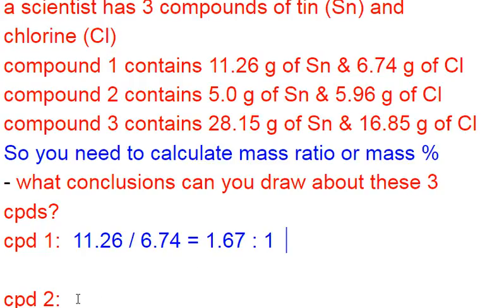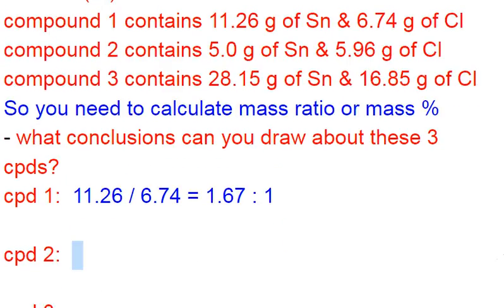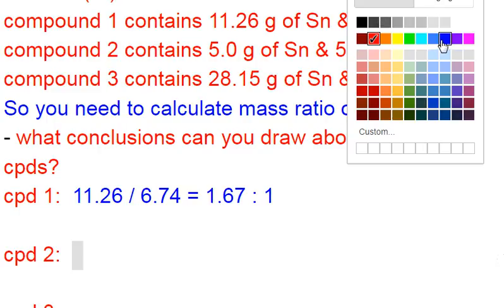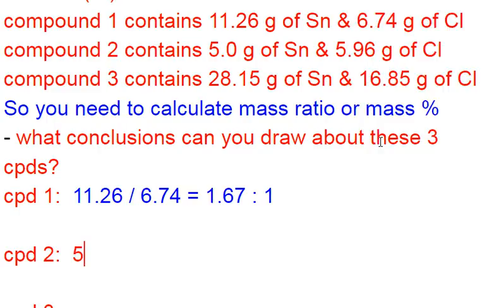So then number 2, I'm going to do the same thing. I'm going to take my tin, which is 5, unless you want to go ahead and explain it to me. It's probably quicker just to show me with the math. 5 grams of tin divided by 5.96. That's going to be point something. 0.84.